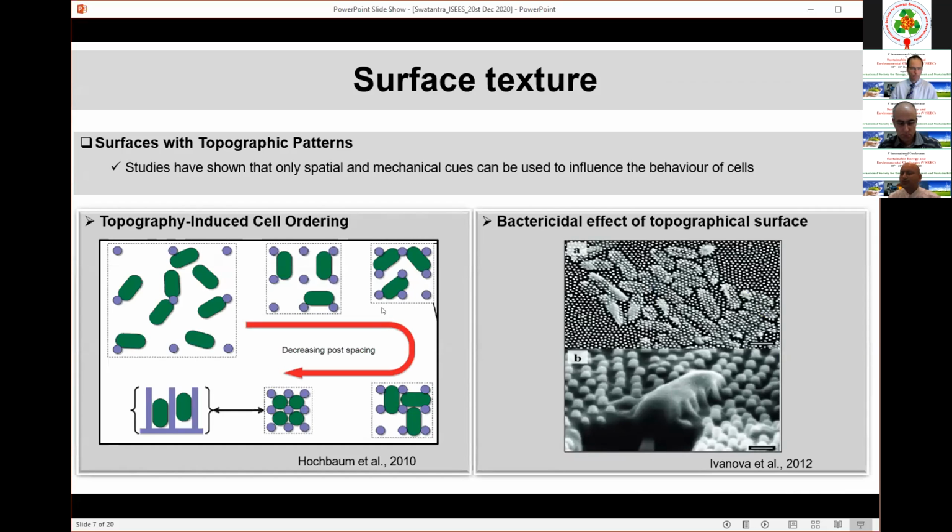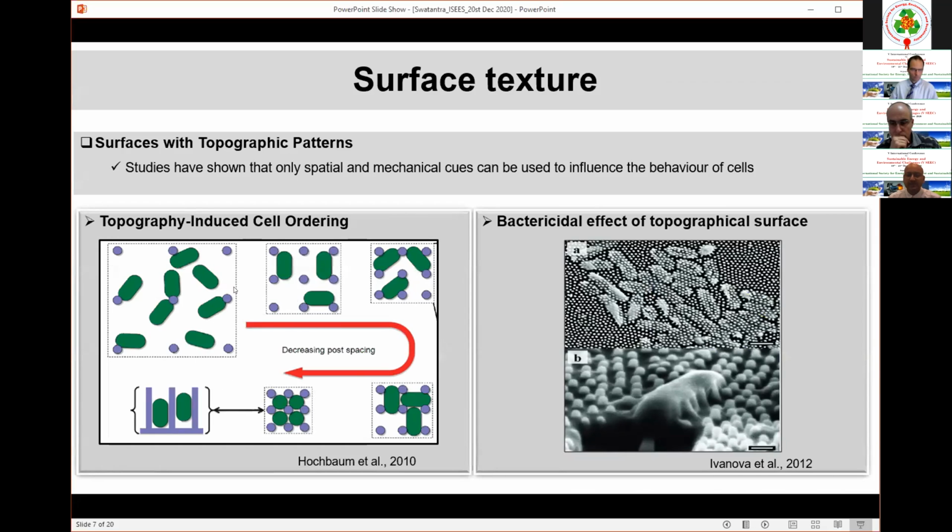People have tried to understand how different kinds of texture can force the organism to adopt a different strategy for biofouling. For example, in the first image, you can see different kinds of pillars were made, and the distance between the pillars was different.